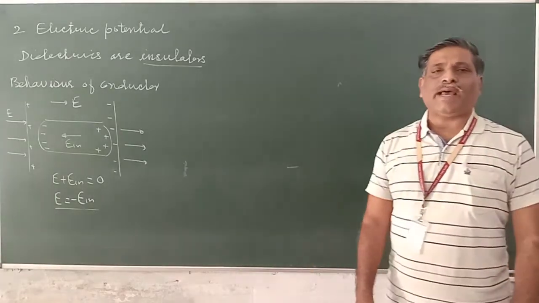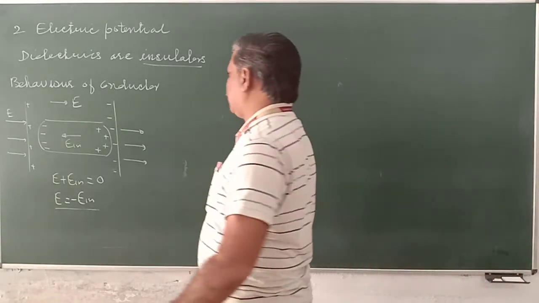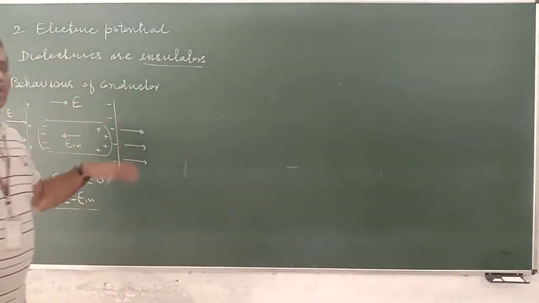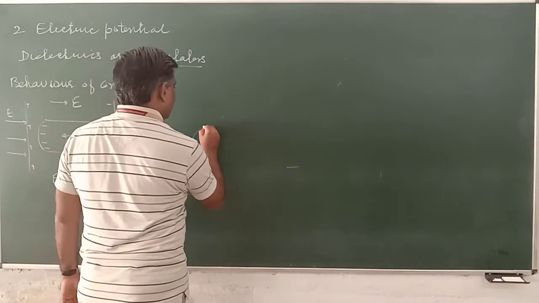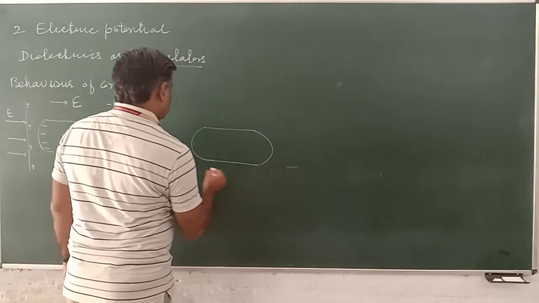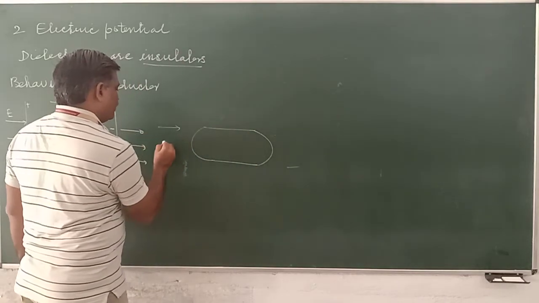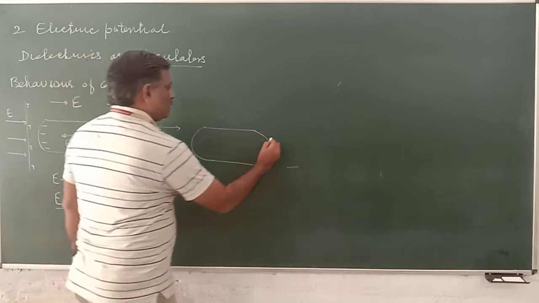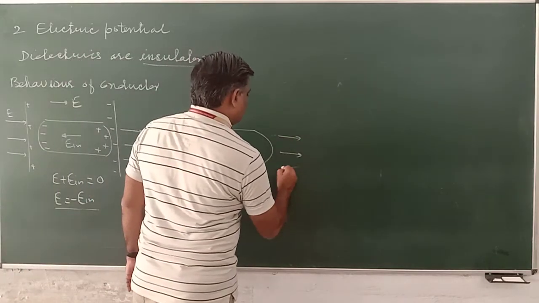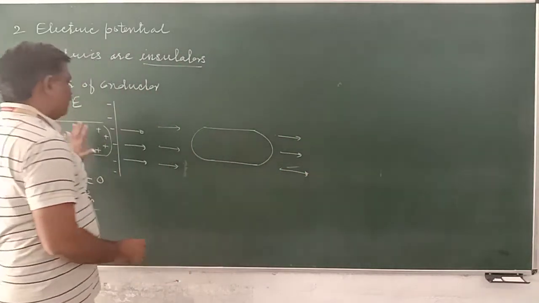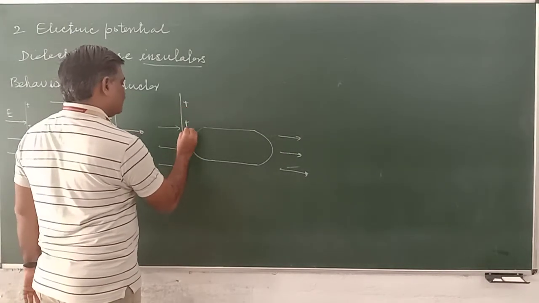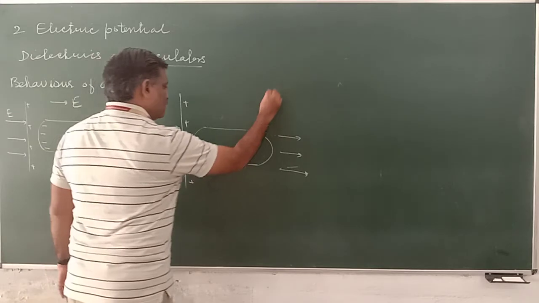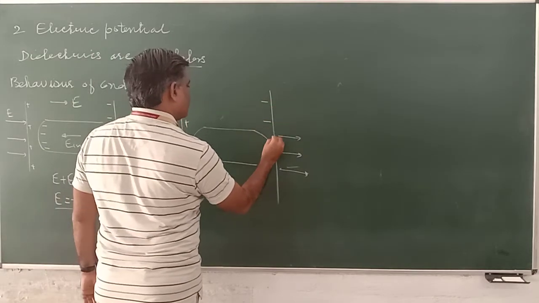But let us see what happens in dielectrics. In dielectrics, this is not the situation. Again, I am taking a dielectric. This is the electric field here. You all know, I am not showing the parallel plates here, or even we can take it, this is the positive plate and this is the negative plate.